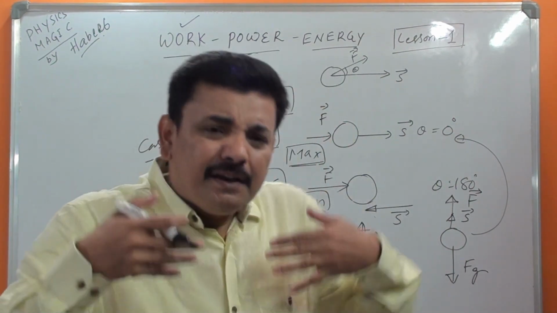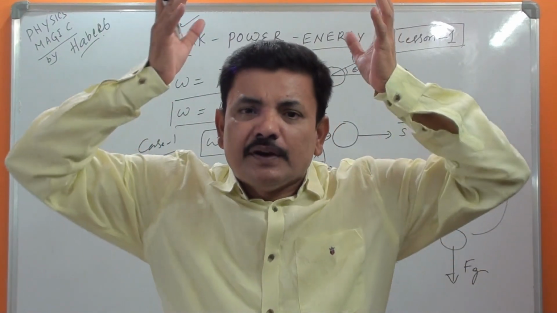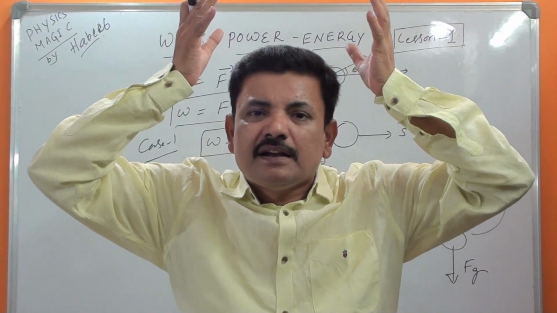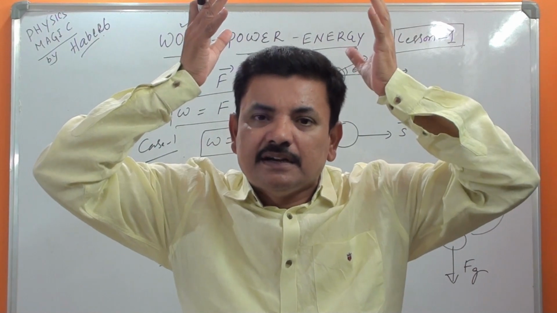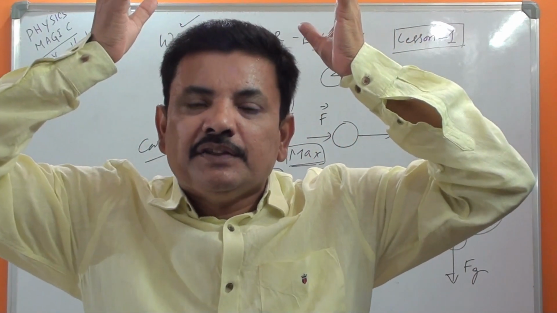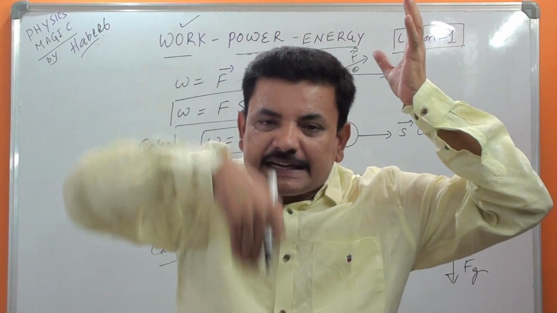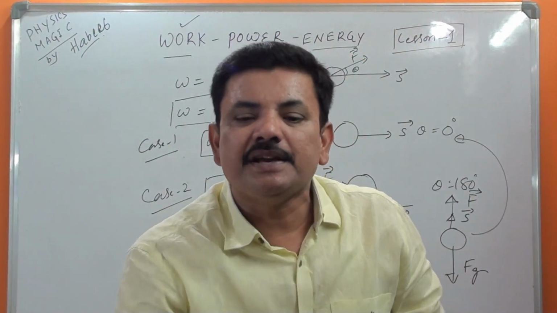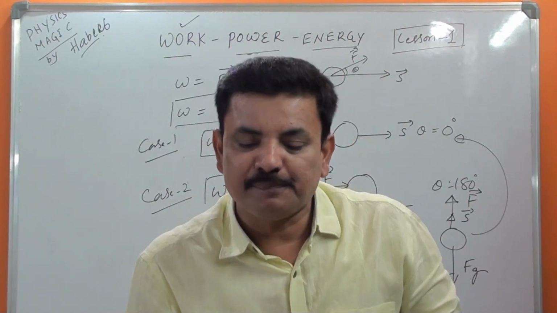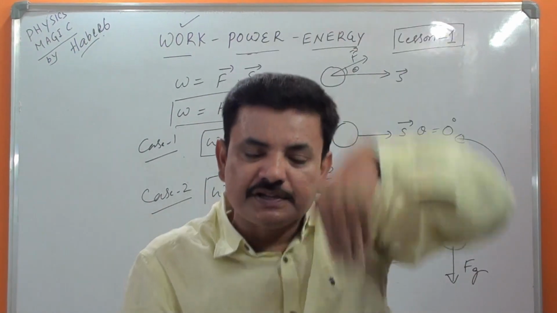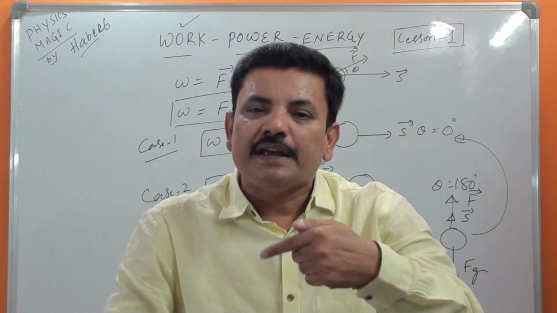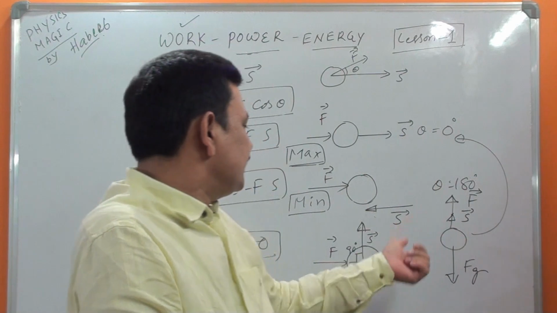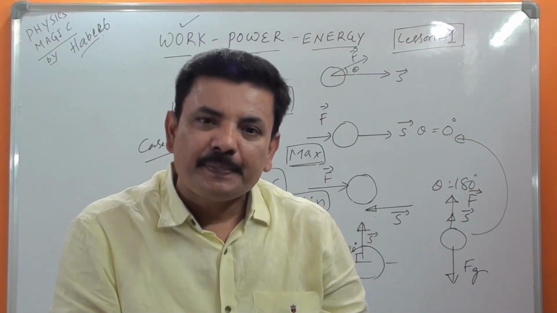One more best example I will give you. A porter is holding something on his head and he is walking like this. Then you know well here, the weight is acting in the downward direction, but he is walking like this. Displacement is in this direction. So it is acting in the downward direction. Both are at 90 degrees, so work done will be 0.